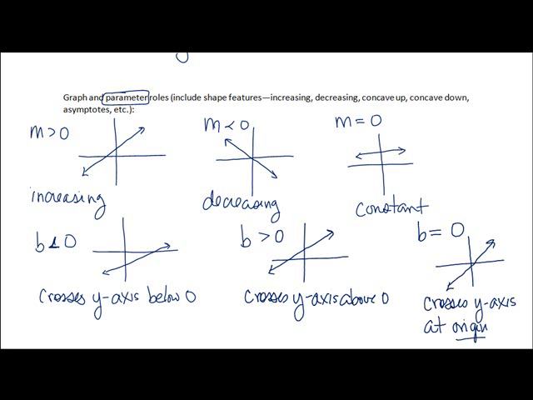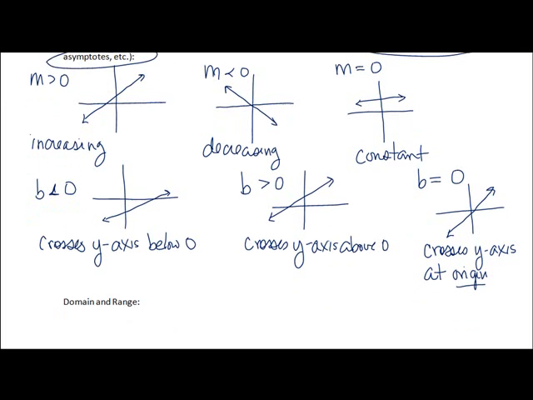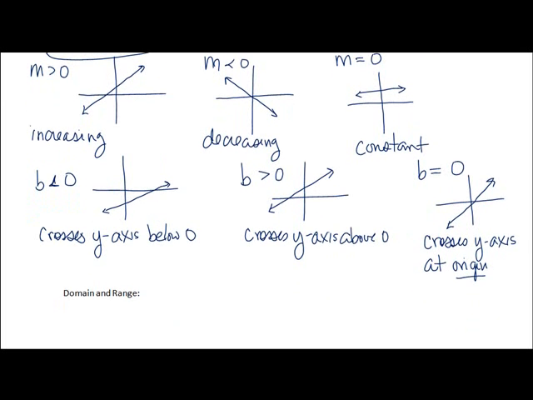Now, since you're specifically asked to talk about concavity and asymptotes in this section, make note that you're actually doing that. Linear functions have no concavity and no asymptotes.